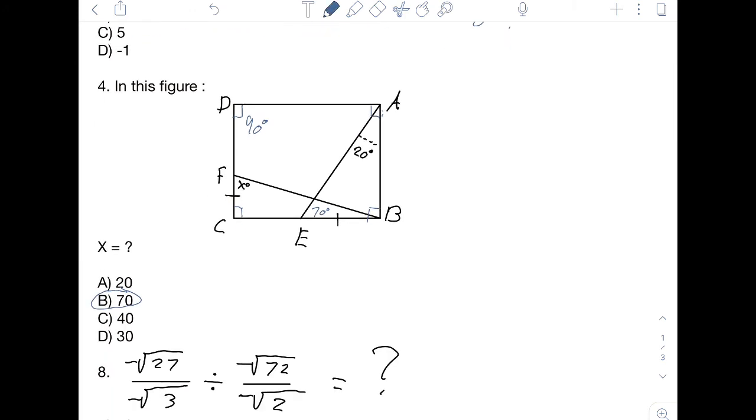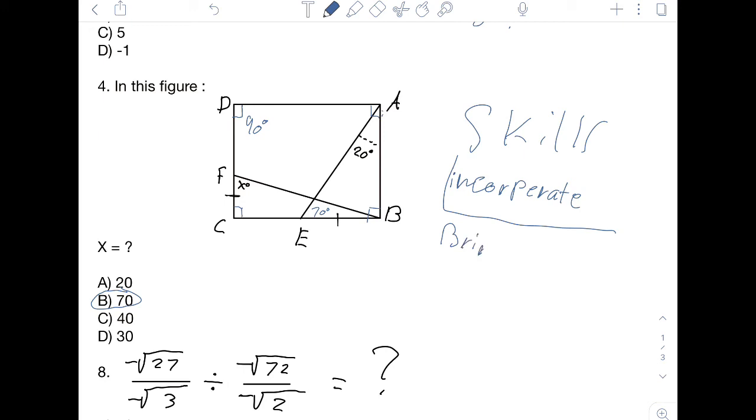It is about your skills, and not just knowing them, but how to incorporate them. Very good word, incorporate them. It just means bring them together in order to solve anything.